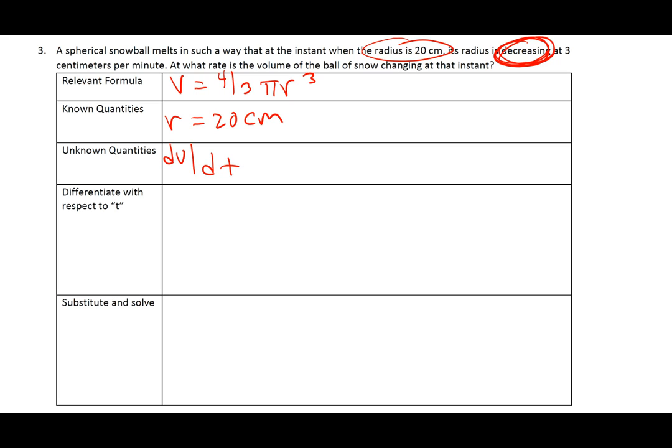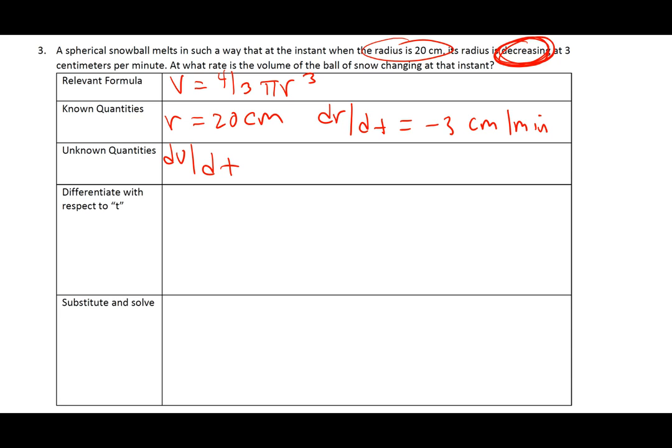Hopefully, common sense would dictate that that would mean that the quantity would be negative. So we would say that dr/dt is equal to -3 centimeters per minute. So something you're going to want to look out for is when something is getting smaller or shrinking or decreasing as opposed to when it's getting larger. Taking a look here, I believe that is all the pertinent information.